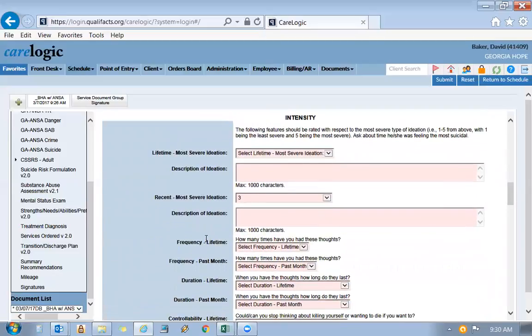So that corresponds to recent most severe. And this drop down represents the number of the question above.